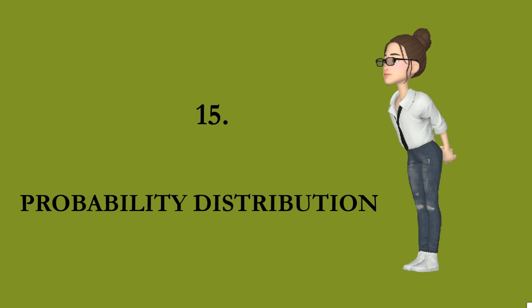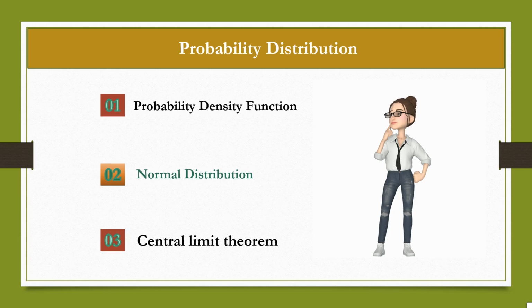Now let's move on and look at the different types of probability distributions. I'll be discussing the three main ones: probability density function, normal distribution, and central limit theorem.